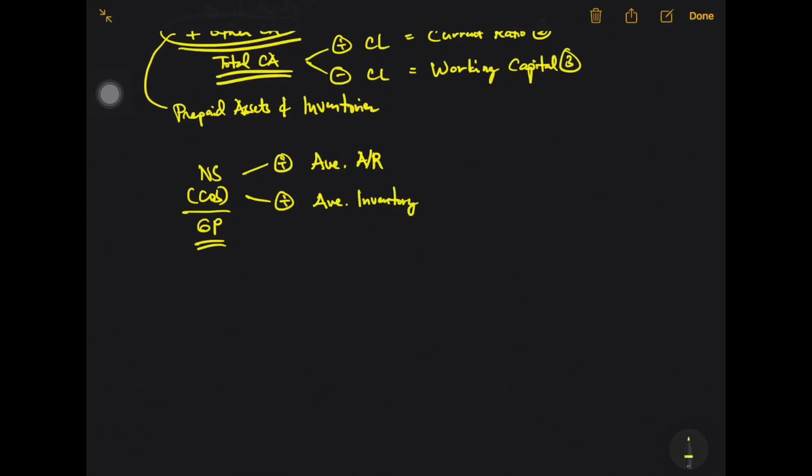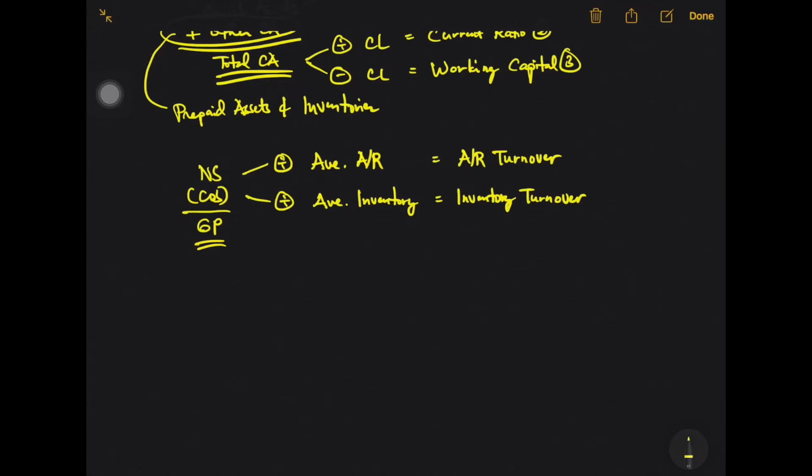So if you do this, the first one, net sales divided by average accounts receivable, this is called accounts receivable turnover. Next, if you get your cost of sales and divide it by your average inventory, you will get your inventory turnover.